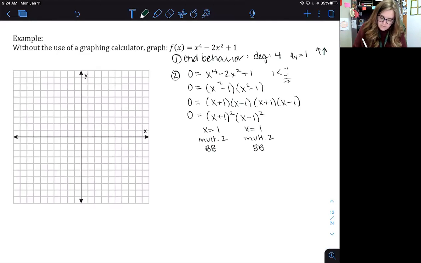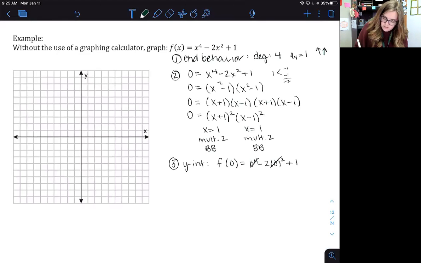Okay. So our third step is to find our y-intercept, which means we're finding f of 0. What's nice about this one is since it's in standard form, we can just look at our constant at the end. So our y-intercept equals 1.